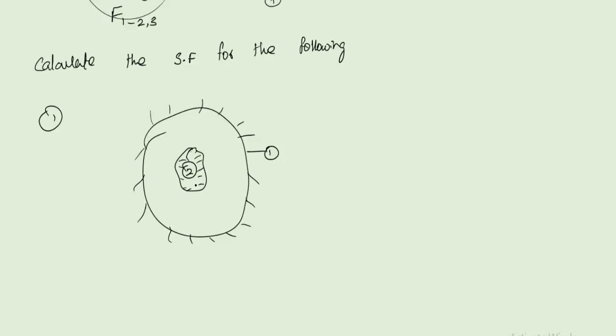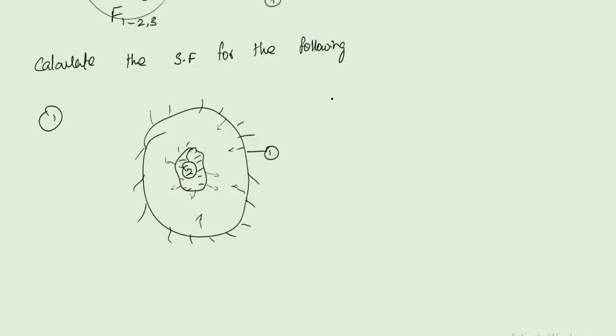So now you know that from the surface number 2 there will be radiations, that radiations will be absorbed by surface number 1. Similarly, from the surface number 1 there will be radiations which will be absorbed by surface number 2, right? So now you have to find out the shape factor F12 or F21.